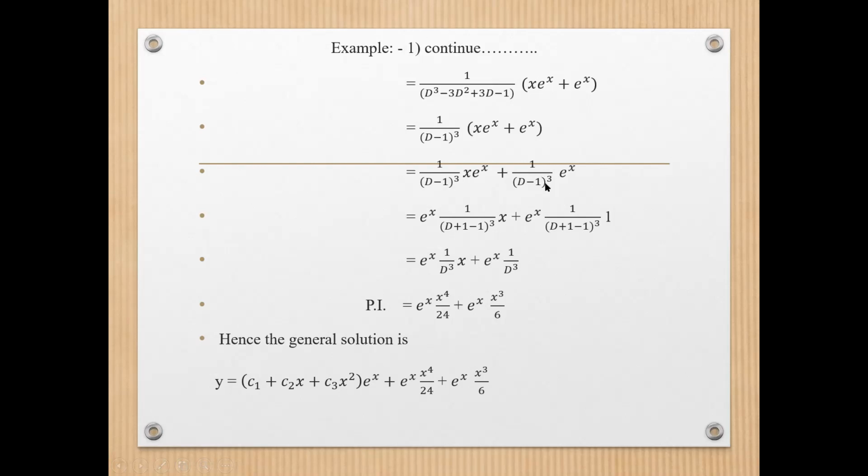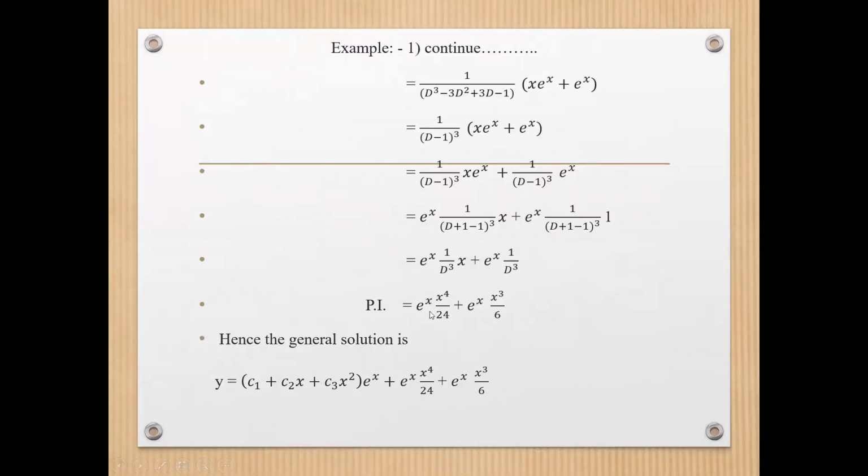We have to replace d by d plus 1, we get e raised to x into 1 upon d plus 1 minus 1 cube into 1. We get e raised to x into, here 1 minus 1 cancel, remains 1 upon d cube x plus e raised to x into 1 upon d cube, here is 1.